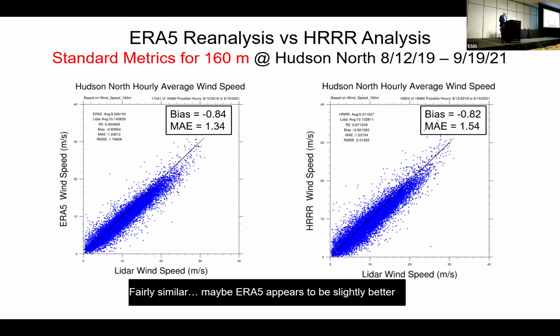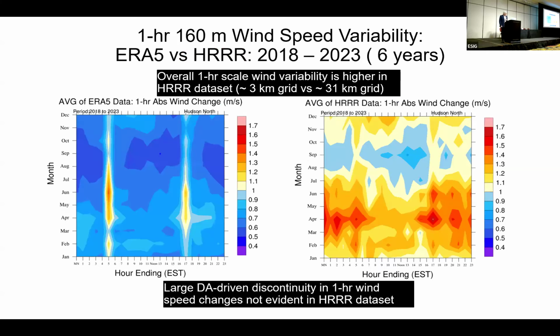Now, if we compare that to the HRRR analysis, we see on the hourly wind speed data that they're not too different. The bias is somewhat similar. The MAE maybe slightly lower for the ERA5. So overall, you might argue ERA5 is slightly better. But if you look at the hourly wind speed data, you can see 2 points here.